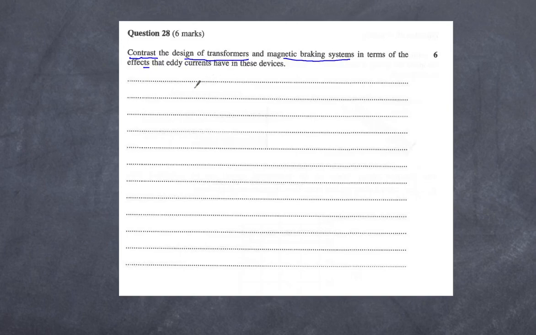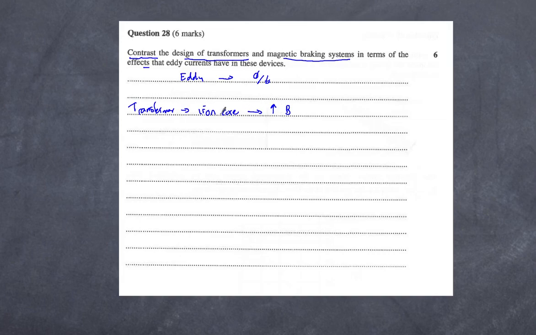In order to start this question, you need to understand that eddy currents, of course, are due to a change of flux over time. Now in transformers, this occurs in the iron core. The iron core is designed to increase the magnetic field strength.